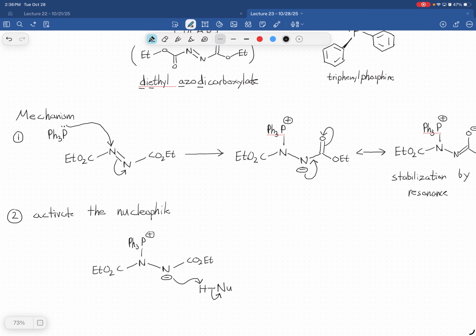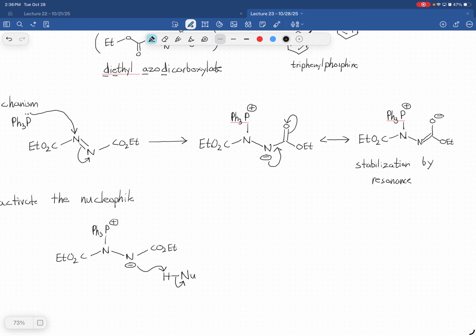So you're going to take this hydrogen here, and in your structure, you're going to substitute this negative charge with a hydrogen on it. All right. So we've got the phosphorus, PPh3.